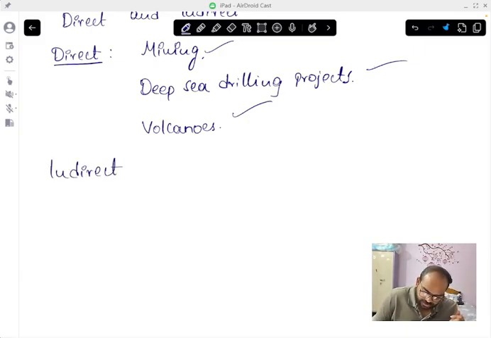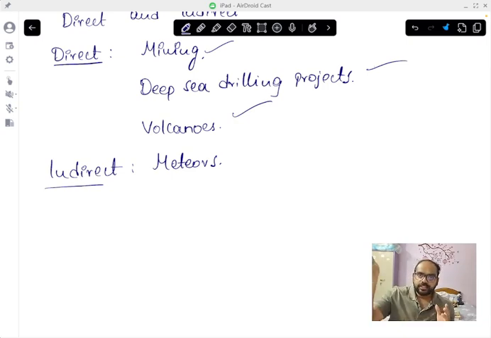First one would be meteors. Meteors are not part of the earth, but they come from the outer part of the earth's atmosphere, that is, from space. If any earth-like materials come from space, scientists collect and study them.